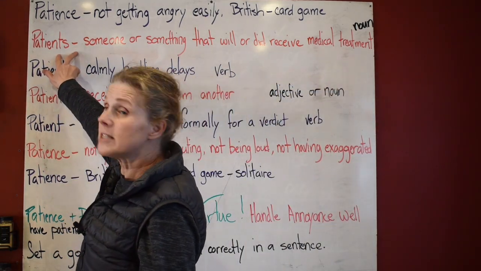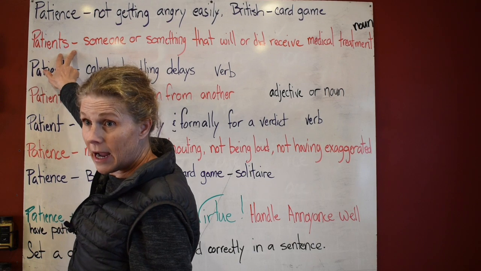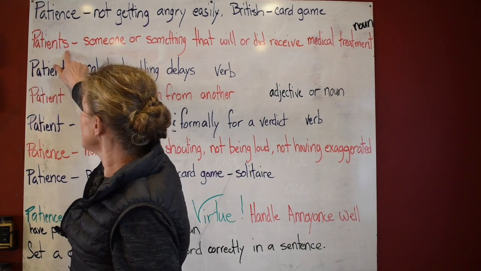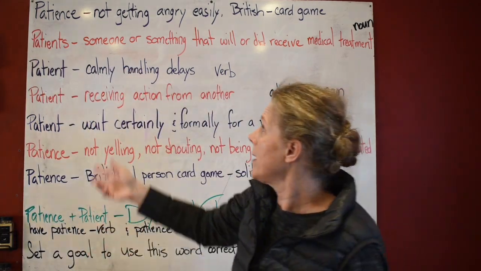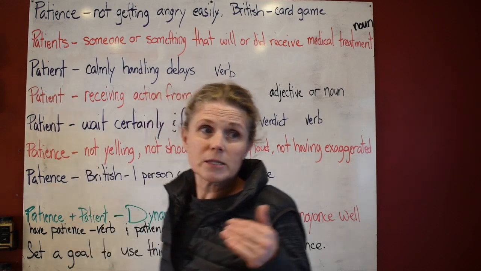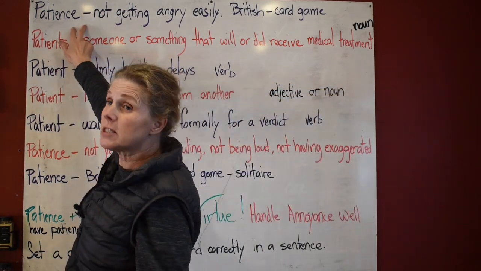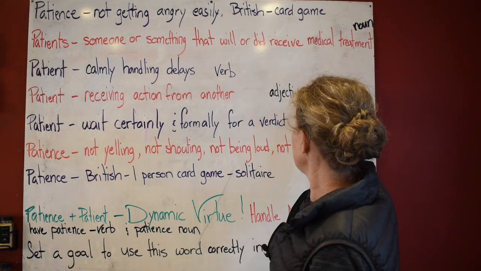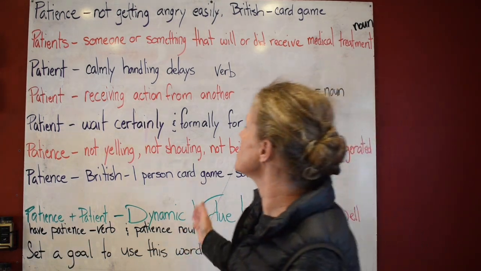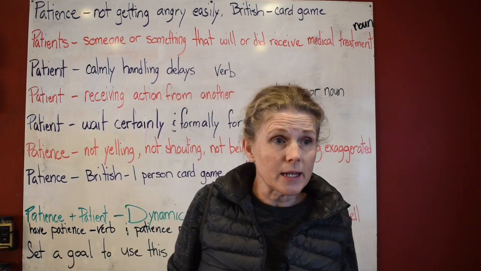Right here, this on the other hand is a noun. If you spell it with the plural S right here, it's a noun, okay? That's why it's so confusing, but this patient can bounce. It can be an adjective, a noun, or a verb, depending on how you're writing it in a sentence.